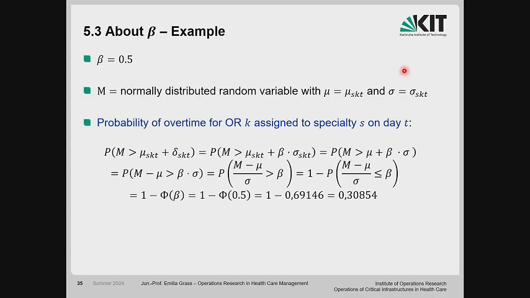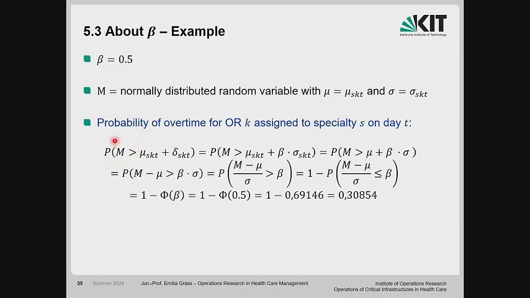And then we have to understand the probability of overtime. If we assign this surgery to operating room K on day T, what is the probability that we would have overtime, so that the staff has to work longer than expected?